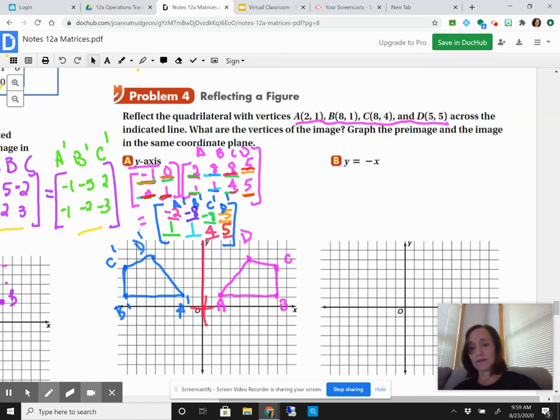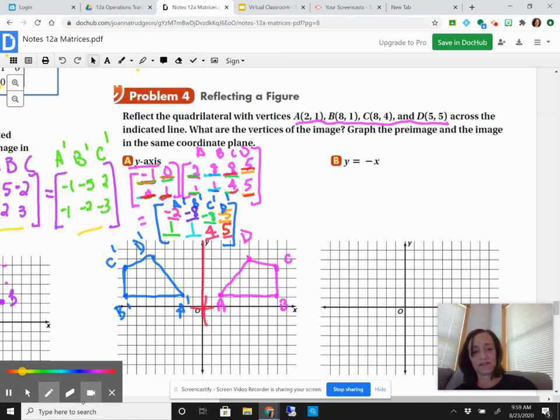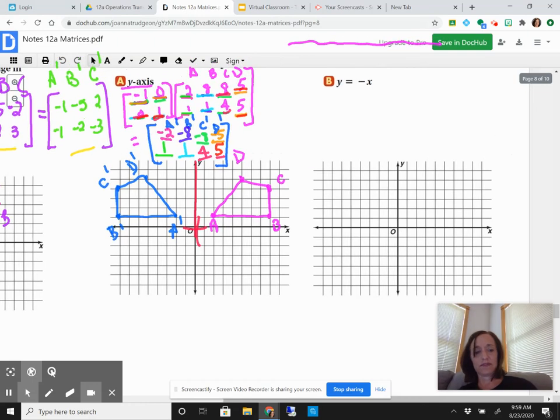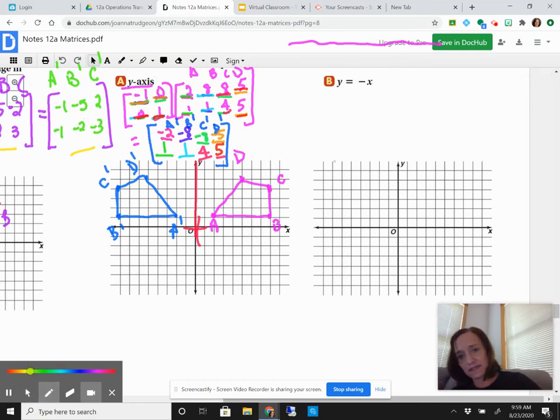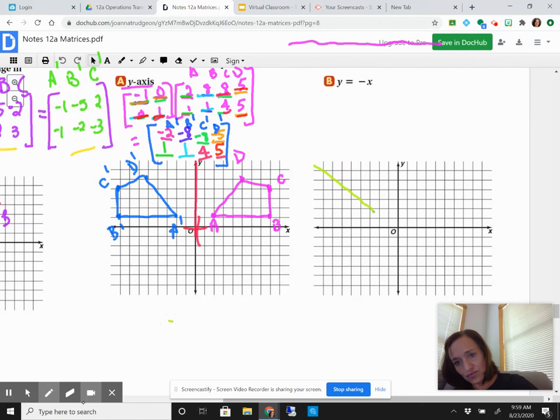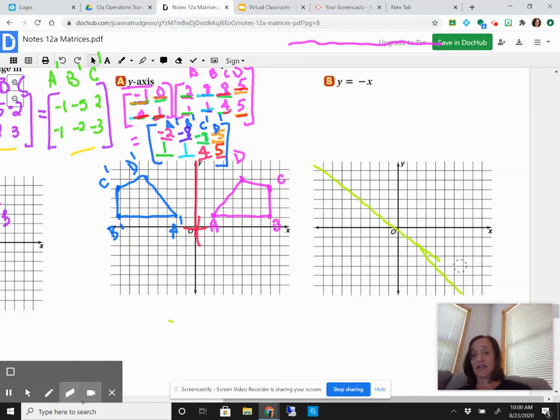I'm going to pause. I'm going to let you do reflecting over the y equals negative x line. Now, before I start here, let me move this up a little bit so my face isn't in the way. That's this line here. So when you reflect over that line, that's a little different and harder for your brain to spatially get it in the right spot.